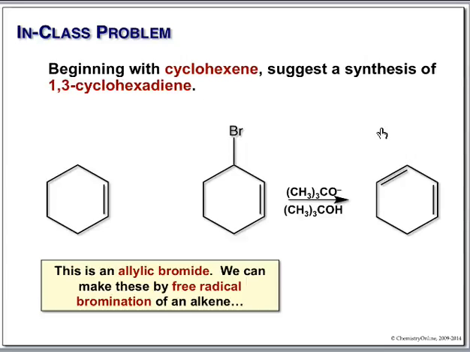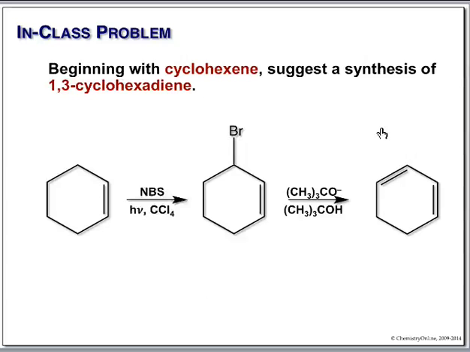We simply need bromine radicals. The standard recipe to make them: N-bromosuccinimide, shine a light on it, usually sitting in something like CCl4. You can also do it with bromine in CCl4 on a sunny day. All you need is a bromine radical.